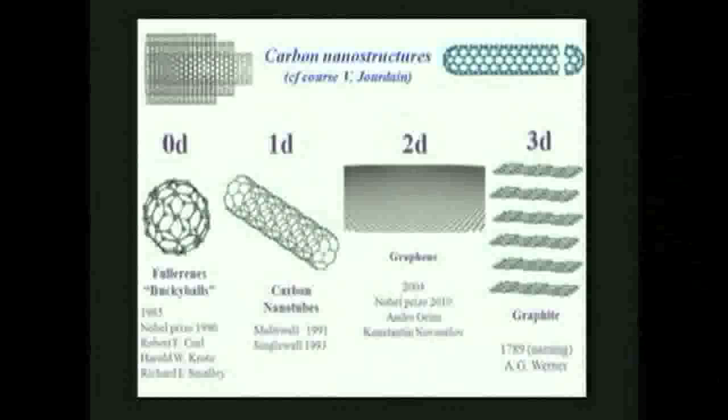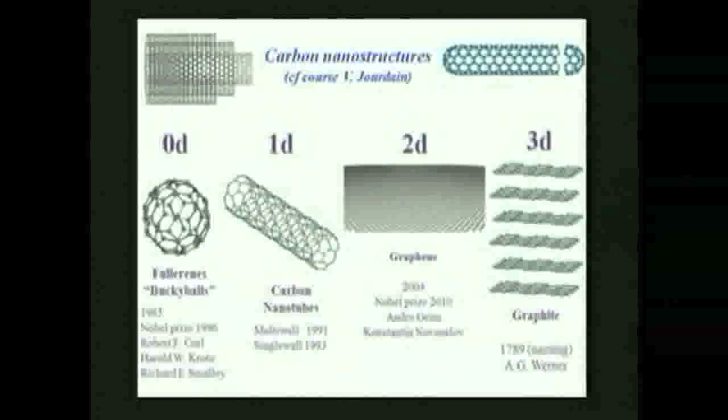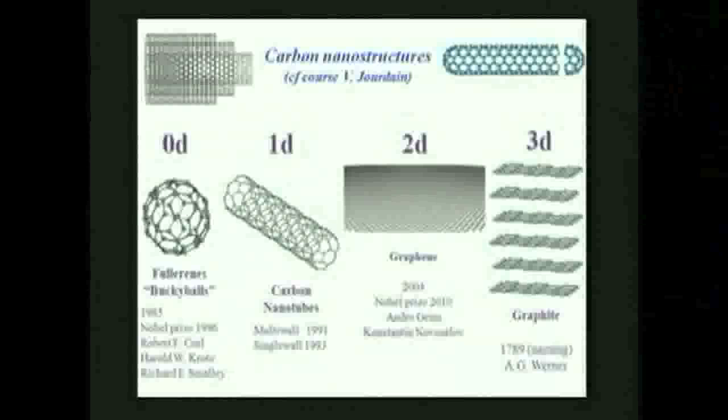And at this time, theoreticians said that one single graphene sheet was not stable. So people didn't expect in the beginning of the 90s that 10 or 13 years later, we would be able to separate one single graphene sheet and make very interesting physics on that.